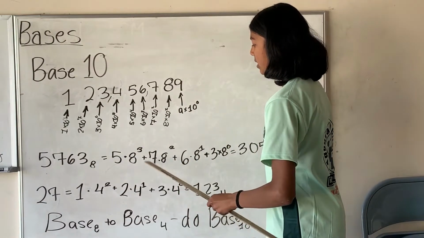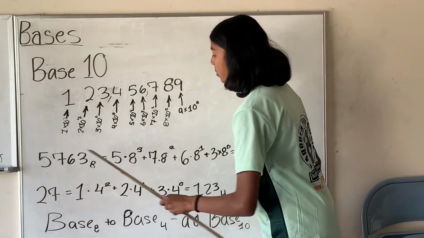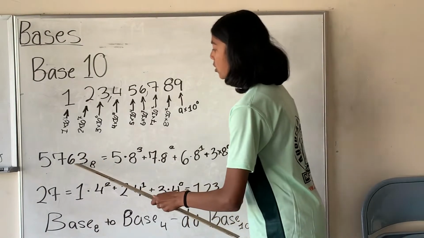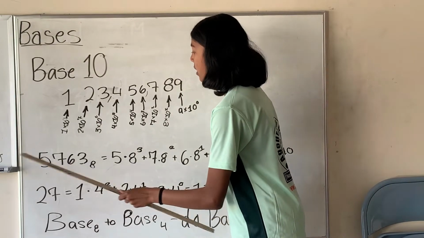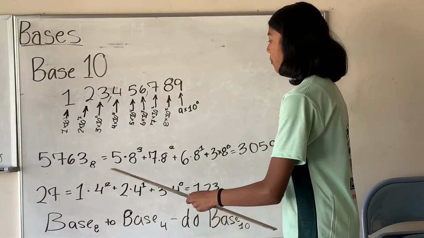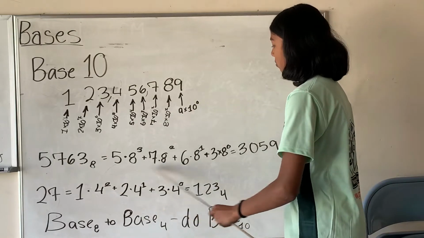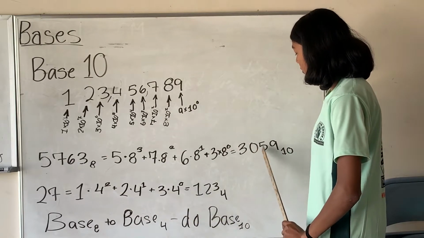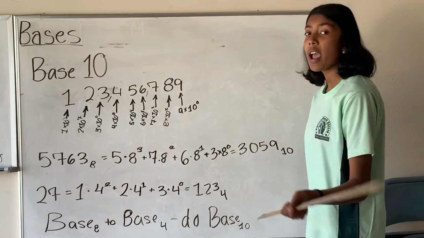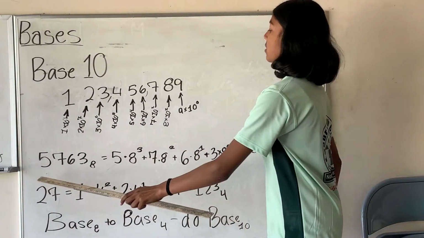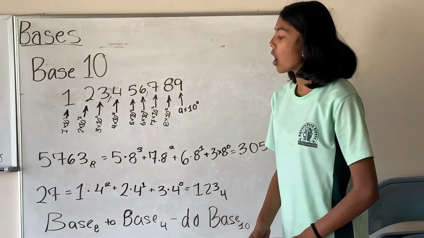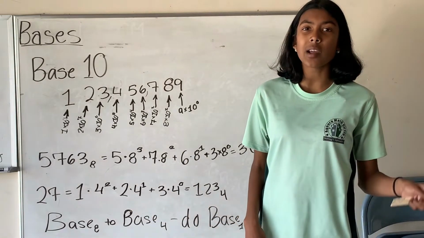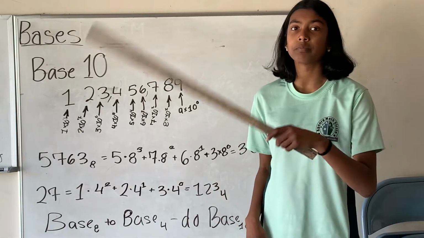A 7 here means 7 times 8 squared. A 5 here means 5 times 8 cubed. That's 8 to the 0, 8 to the 1, 8 squared, 8 cubed. When we do this, we get 3,059 as our answer, and that is 5,763 base 8 in base 10.